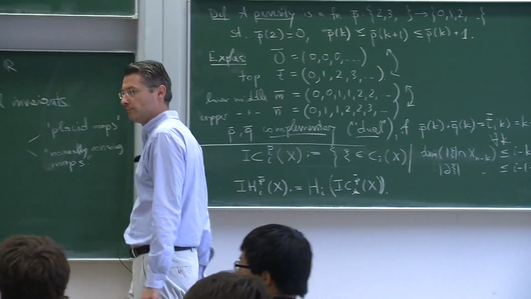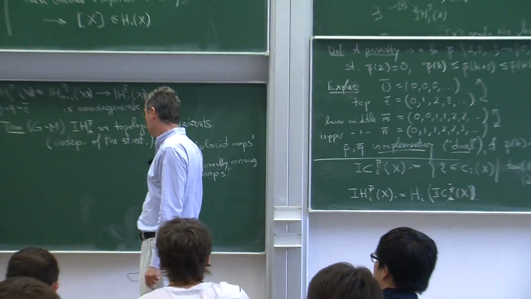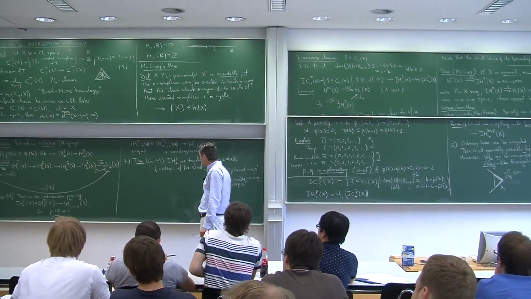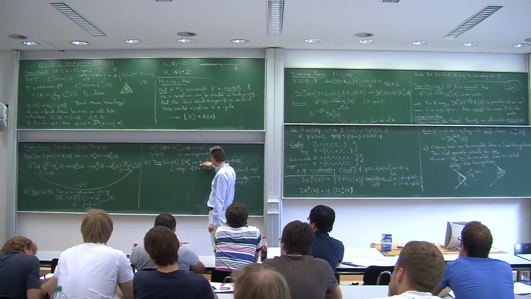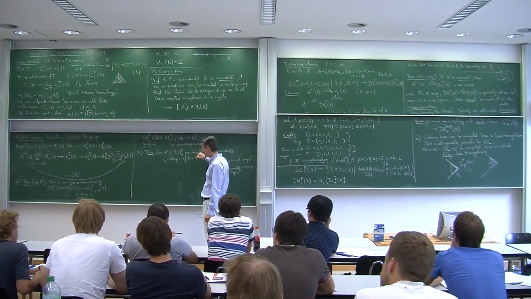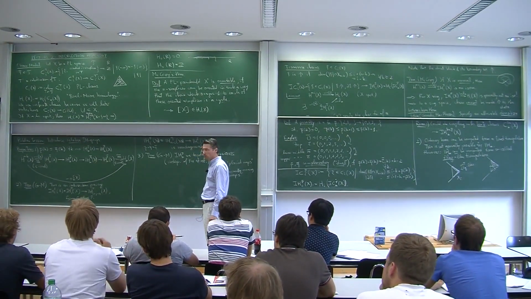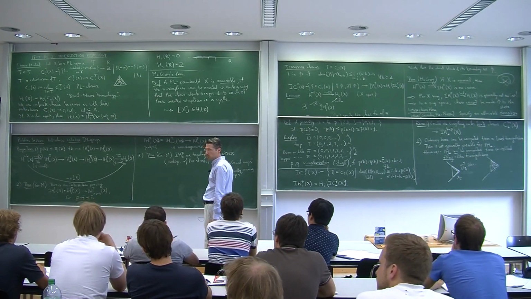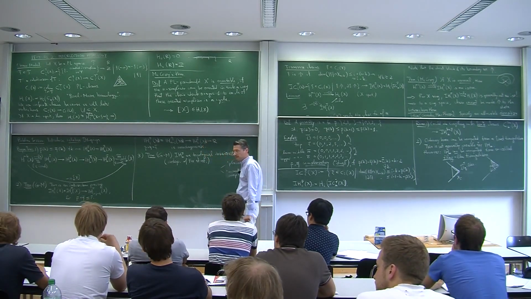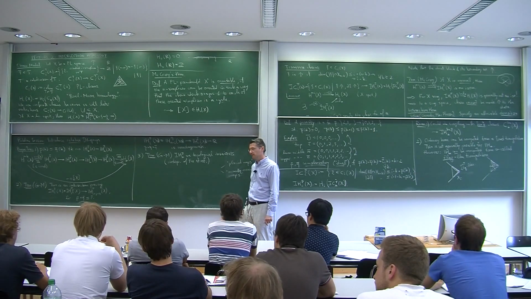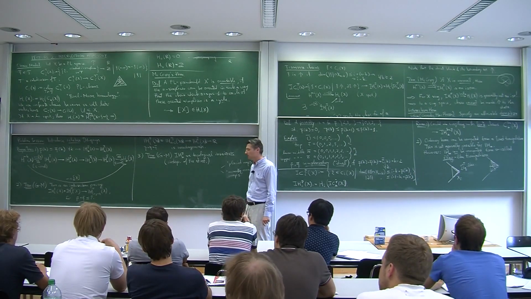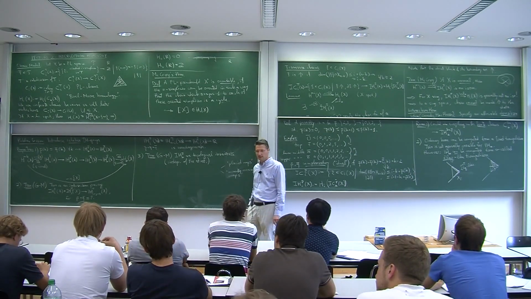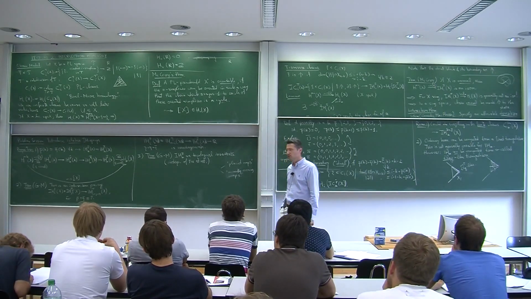What does this mean exactly, topological invariance? This means that a homeomorphism of topological spaces induces an isomorphism of intersection homology groups, no matter what triangulation you choose. And as I say, it's not so easy to prove.